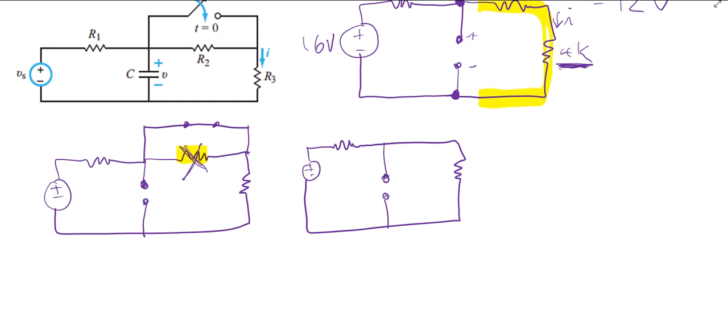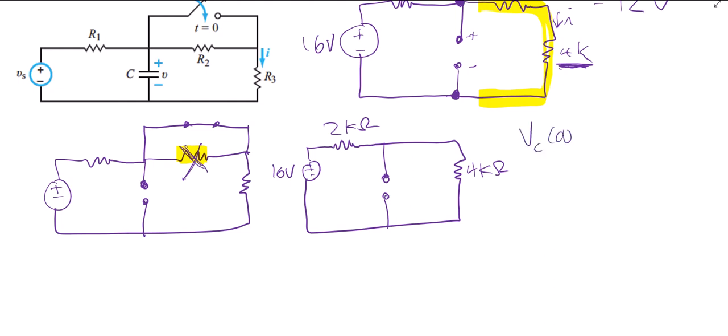So we can once again just use voltage division. This one is 2 and this one is 4. So the voltage across the capacitor will be the same as the voltage across the 4 kilo ohm resistor.